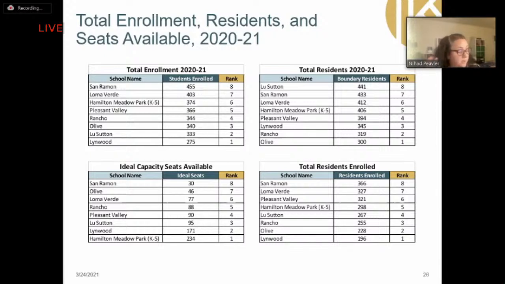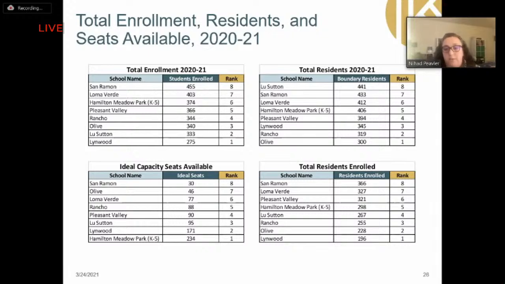I have so many thoughts based on some of the comments that other board members have made. Because Tina just spoke, something you said actually flagged a thought for me. You mentioned Hamilton and that it would be a concern about crossing the freeway. When we look at the demographics in Hamilton and the students that are transferring out of Hamilton, they're predominantly white and they are crossing the freeway.